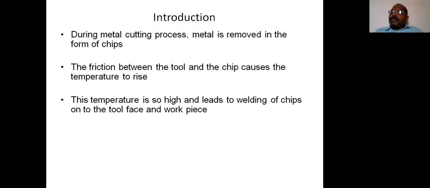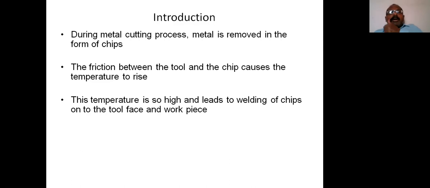Of course, the bed of the machine, whether it is a shaping machine or a lathe machine, generally has a tendency to absorb shocks and vibrations. But the other components, the shaft or bearing, may not be able to absorb those shocks and vibrations. Even the work holding tool may also undergo vibrations.